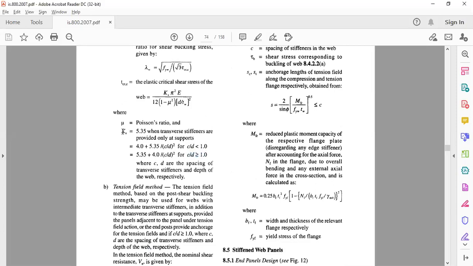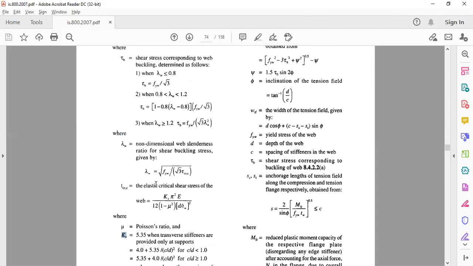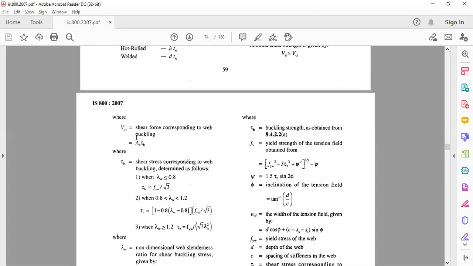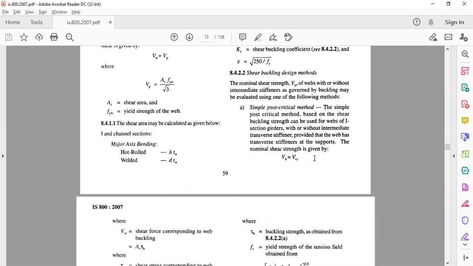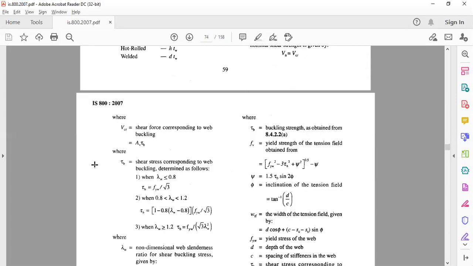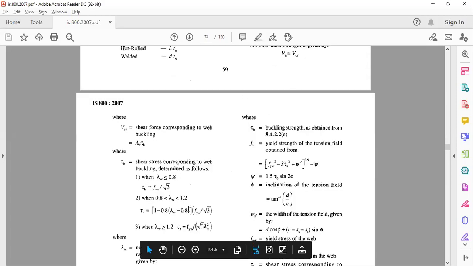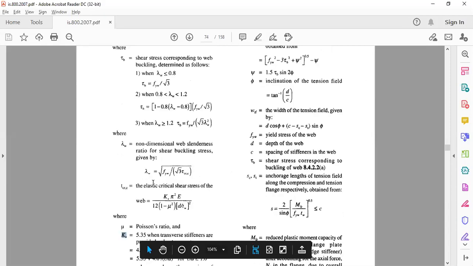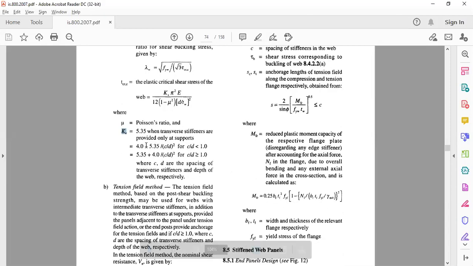With respect to C by D value, when C by D is greater than 1, I have to use the kV value as 5.35 plus 4 divided by C by D square. Here the shear capacity formula is VCR. Tau CR, the elastic critical shear stress of the web, is equal to kV into pi squared E divided by 12 into 1 minus mu squared into d by tw the whole square.